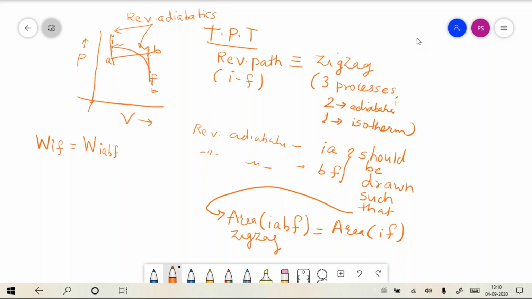That is because we have drawn the three processes such that the area is the same.